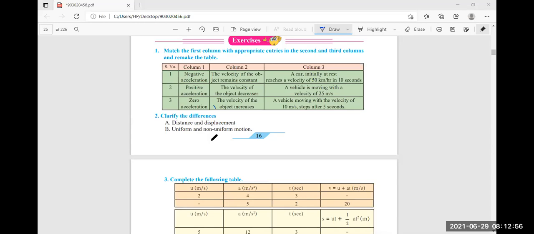Okay, now Ranode, you can speak about non-uniform motion. Sir, can I give two differences between uniform and non-uniform motion? Okay, you can. Yeah, you can.